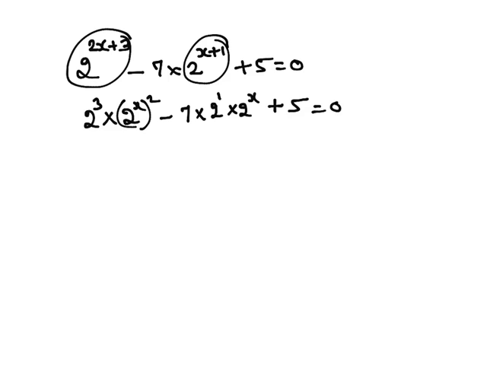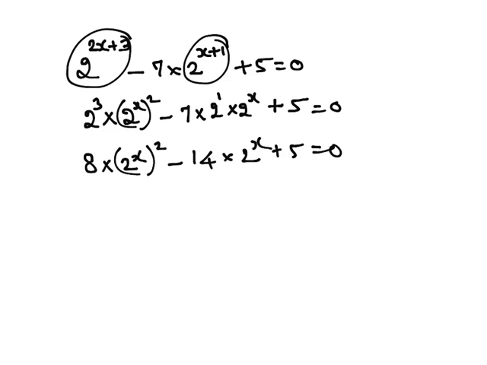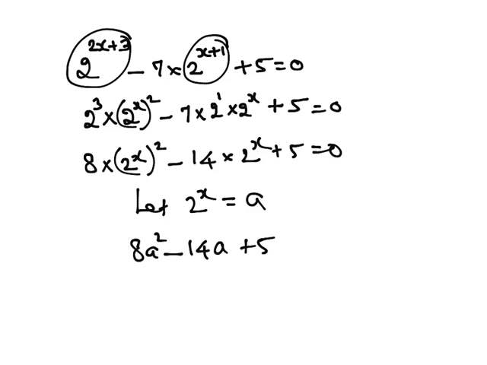So I shall get 8 times 2 power x the whole square minus 14 times 2 power x plus 5 equal to 0. I'll do the same thing. I'll replace 2 power x with a. So I'll get 8a squared minus 14a plus 5 equal to 0.